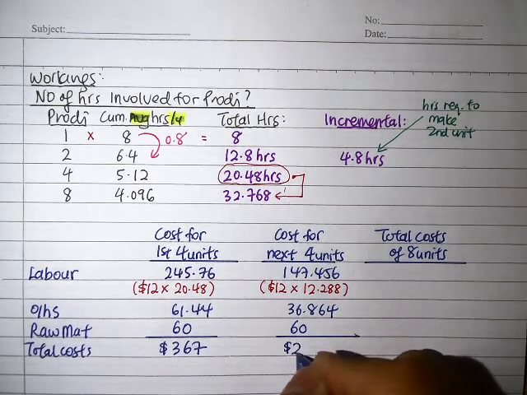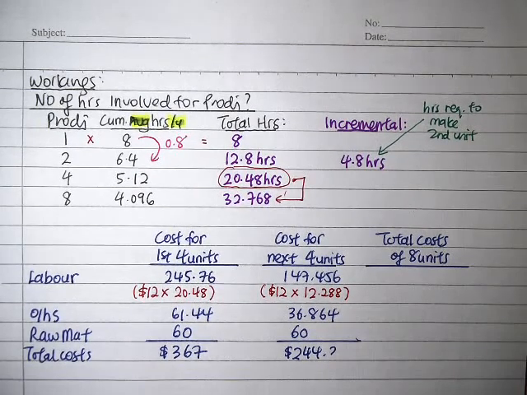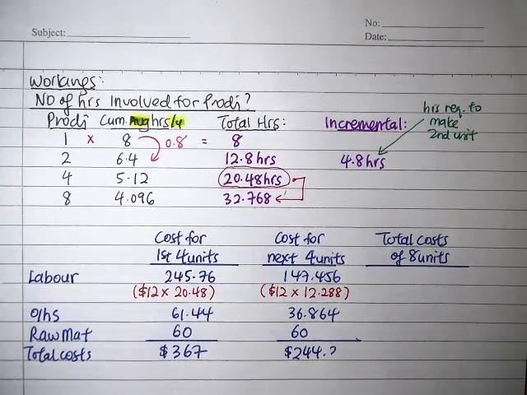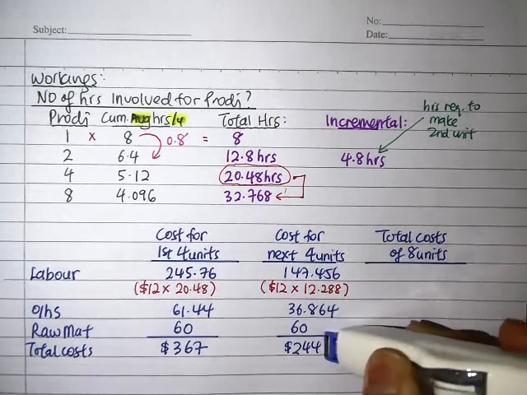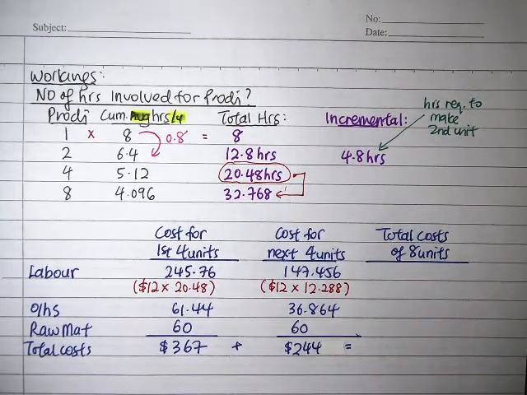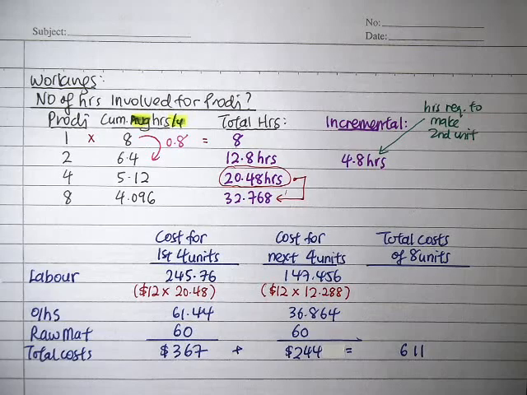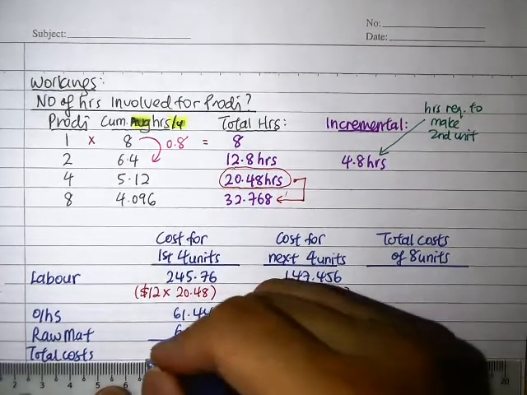This is 244.32. So it's 244. So all the costs of the 8 units will actually be 611.